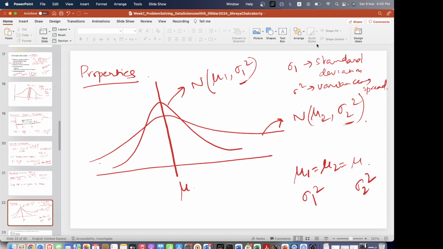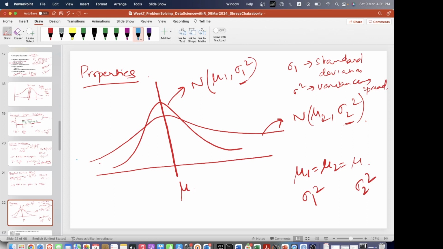Okay, so you see, for this I'm going to use a different color. The blue curve, the spread of this blue curve is from here to here.